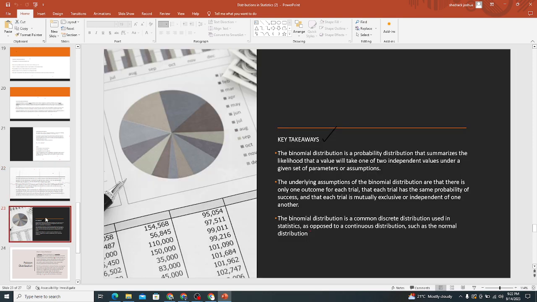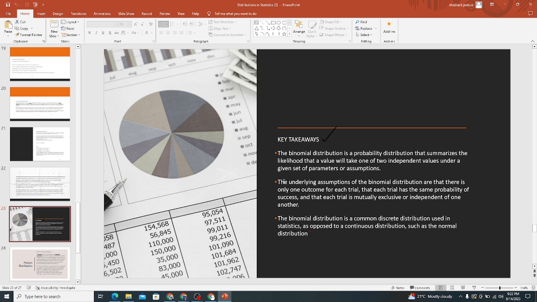Then under takeaways, basically takeaways are what we discussed. Binomial distribution is a probability distribution that summarizes the likelihood that a value will take one of two independent values under a given set of assumptions.